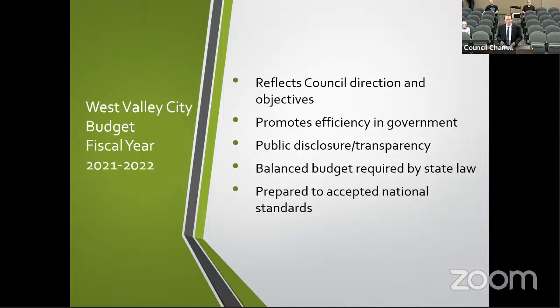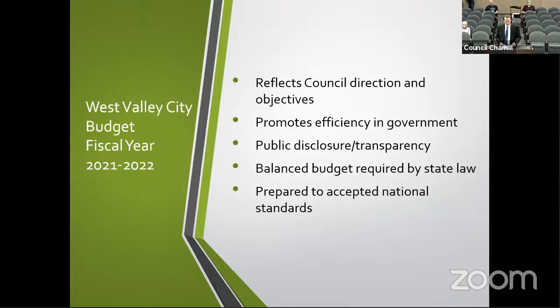The budget is a very structured process by which city administration puts together a budget that is proposed to take care of the needs of the city based on the available resources and the demands and the direction of the city council. So the city council is ultimately the one that will adopt this budget. That's why we're considering it tonight.